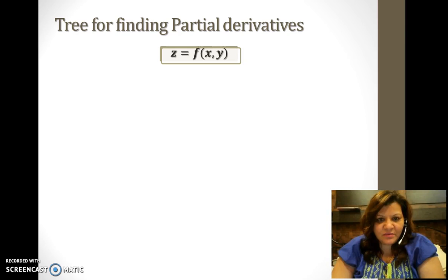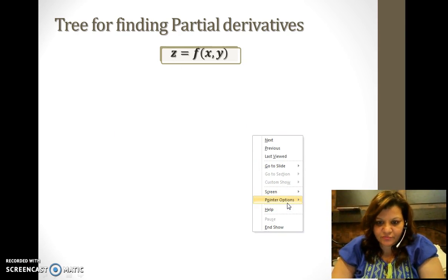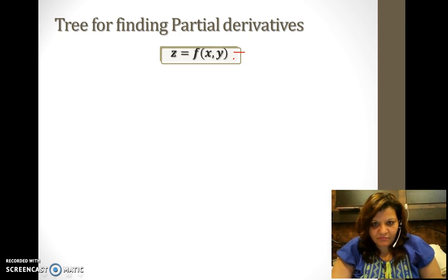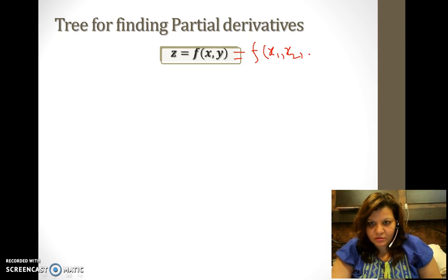So for simplicity, I'm considering z as a function of two variables. You can actually have z as a function of multiple variables, say x1, x2, ..., xn.